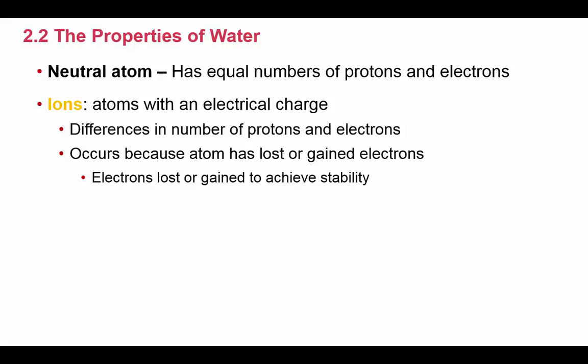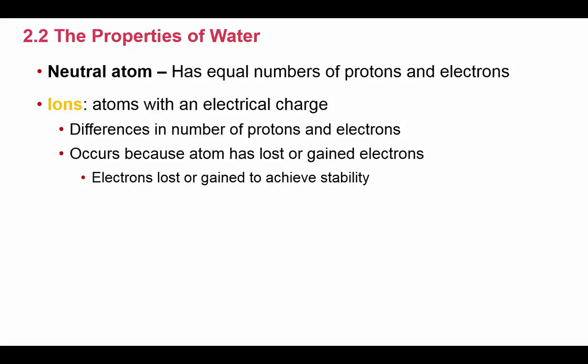If something is neutral, that means it has no charge. So for an atom to be neutral, in order to get no charge for the overall atom, you would have to have an equal number of protons and electrons. Because remember, protons have the positive charge, electrons have the negative charge. So if the positives and negatives are equal, then it causes the atom to be neutral.